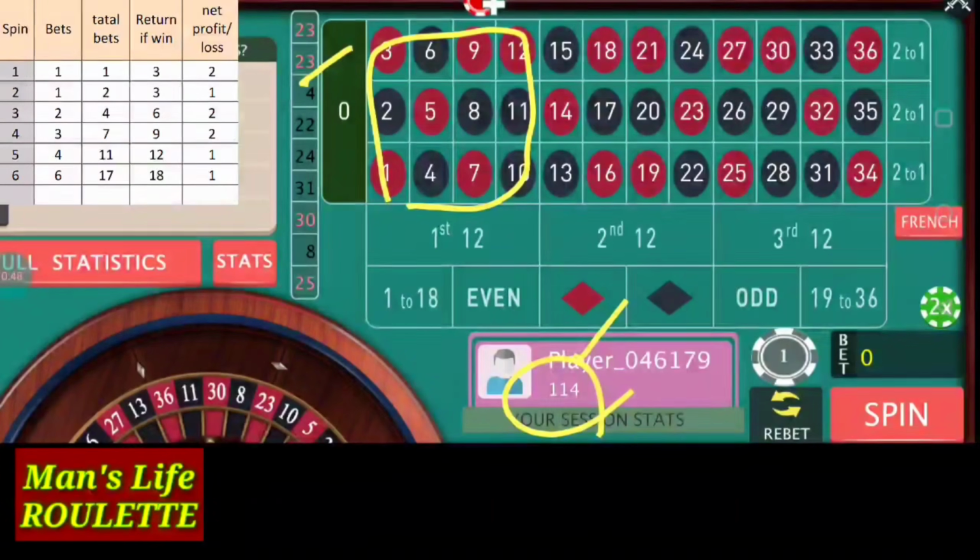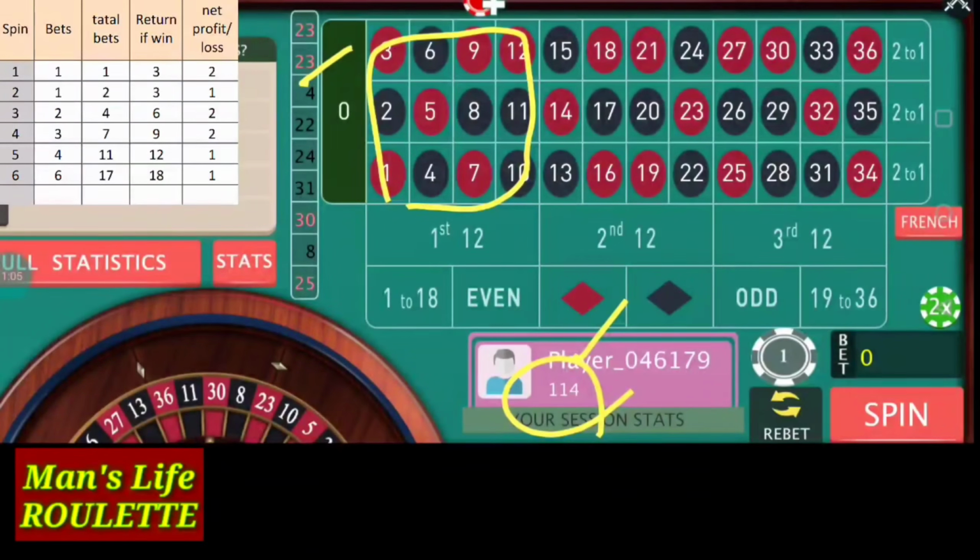So definitely this strategy is nice to apply on any kind of roulette, that is online or a real roulette. That doesn't matter. This kind of strategy works quite well in every form of roulette.